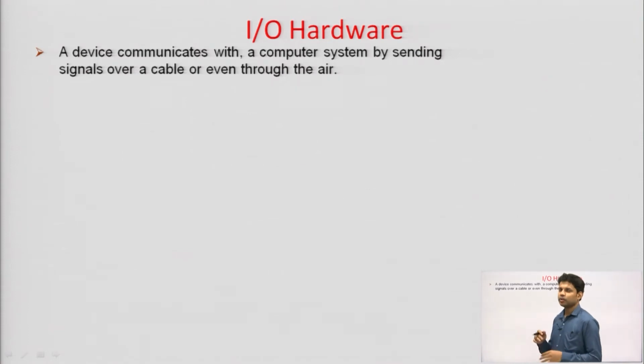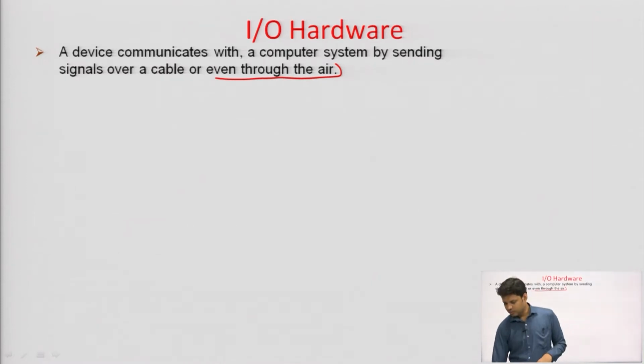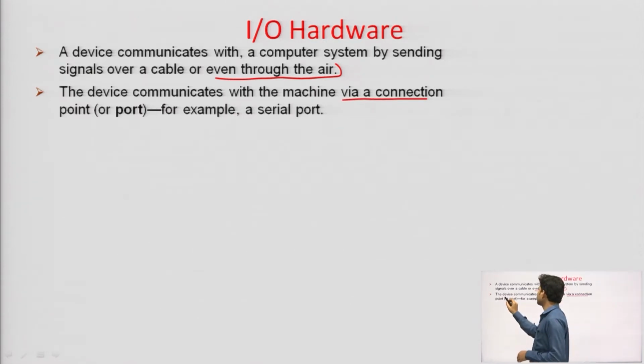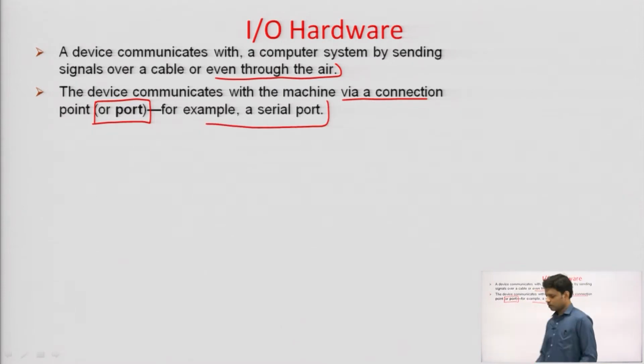In this slide we are going to see what is happening in the background. A device communicates with a computer system by sending signals over a cable or even through the air as a medium. The device communicates with the machine via a connection point, also called a port, for example a serial port.